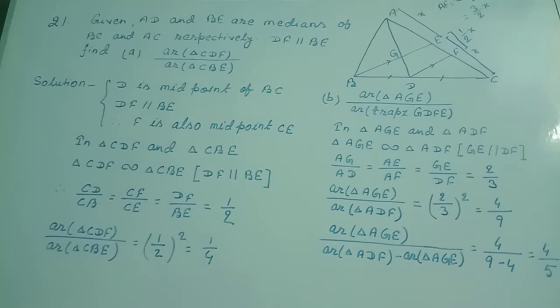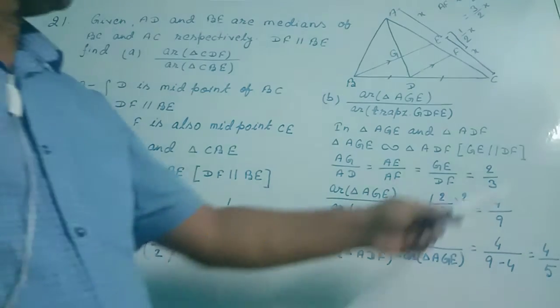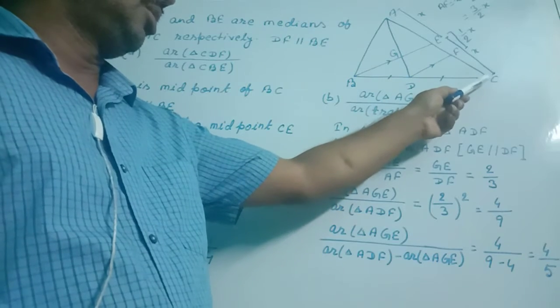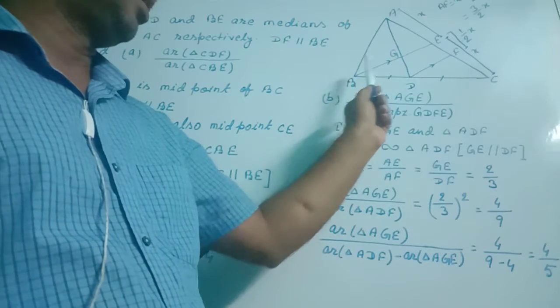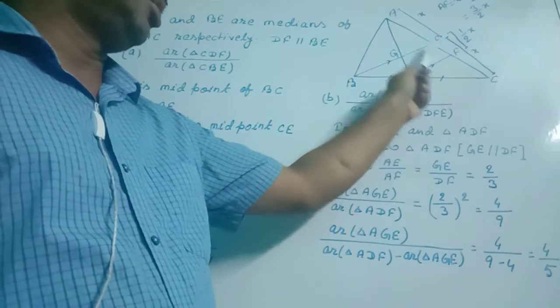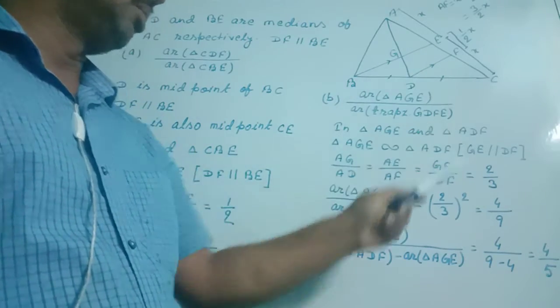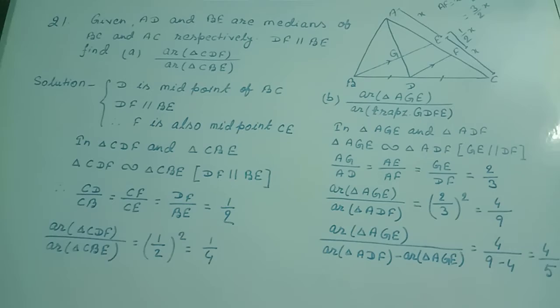After that, I wrote the ratio of the corresponding sides of these two triangles. So CD by CB equal to CF by CE equal to DF by BE equal to 1 by 2.